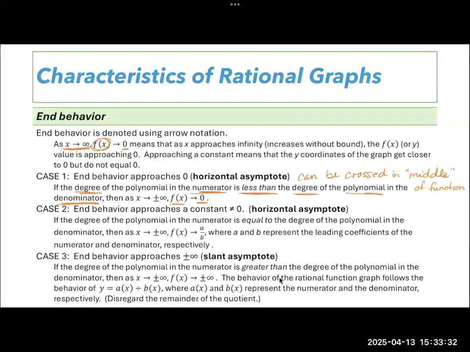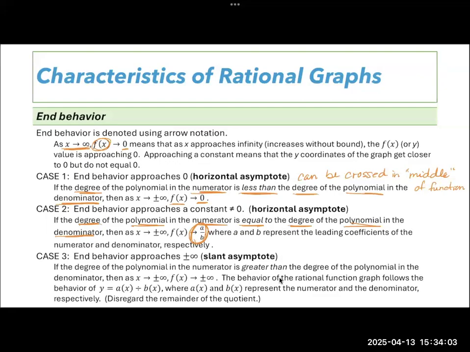Case number 2, if the degree of the polynomial in the numerator happens to be equal to the degree of the polynomial in the denominator, then as x approaches either positive infinity, going farther and farther right, or negative infinity, going farther and farther left, our function is going to approach some value.